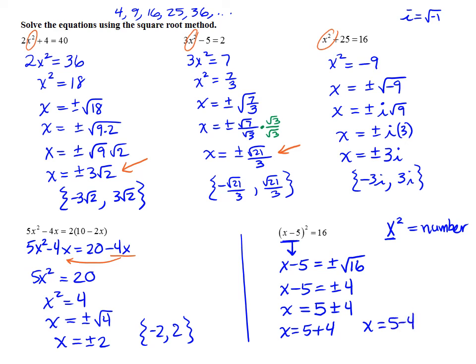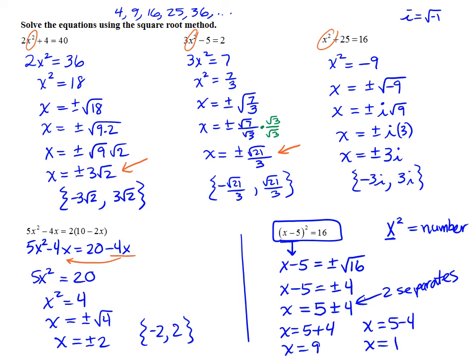And when we look at them written out as calculations, we can see that 5 plus 4 is 9, which is what we suspected, but we don't get a negative 9 when we have a 5 minus 4, we get positive 1. So it's really important that you think about this as two separate calculations when you use this kind of technique with a problem involving an expression squared equal to a number.